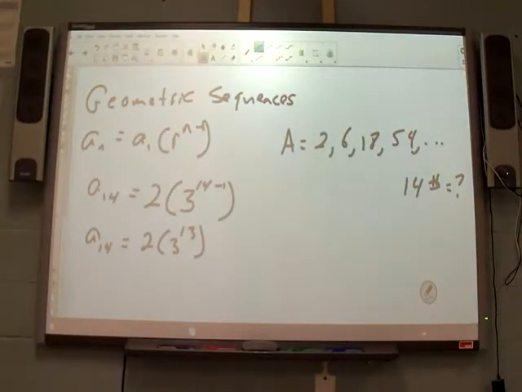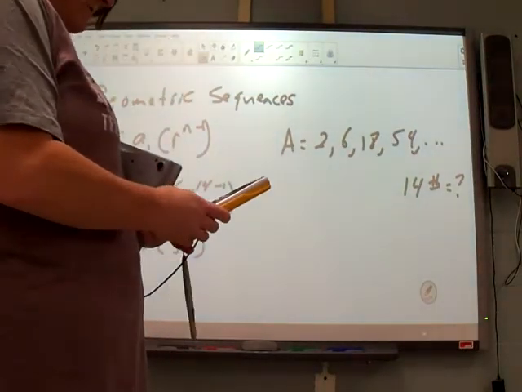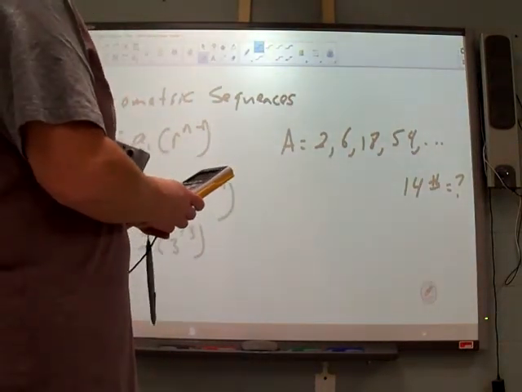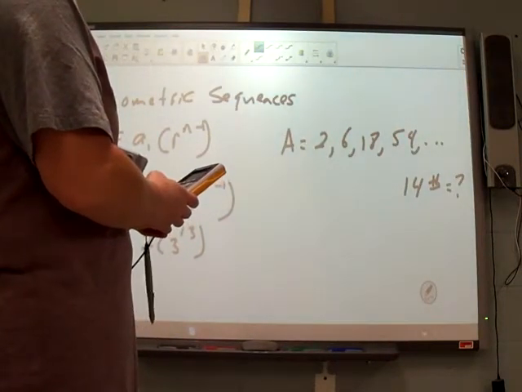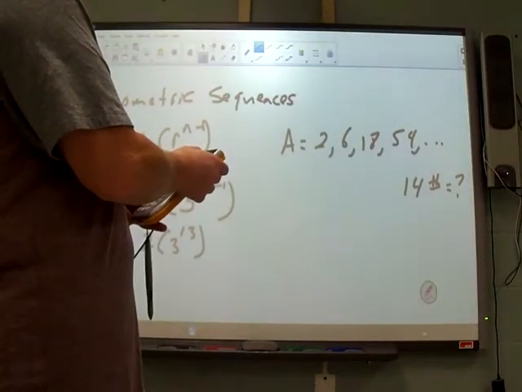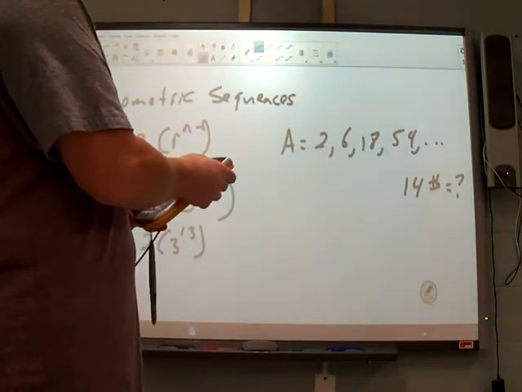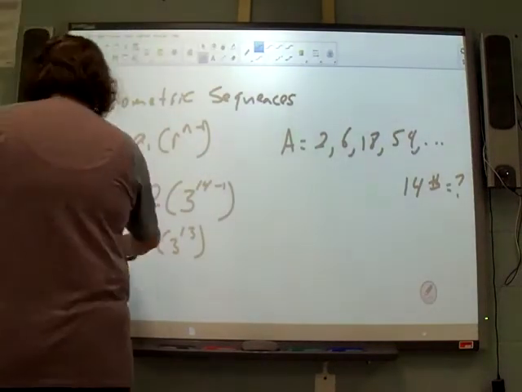Now, I know you don't have the calculators in your tubs at home, but most of y'all got a calculator on your phone that can handle this. So I'm going to do 3 to the 13th power. I got 1,594,323, and then I'm going to multiply that by 2.